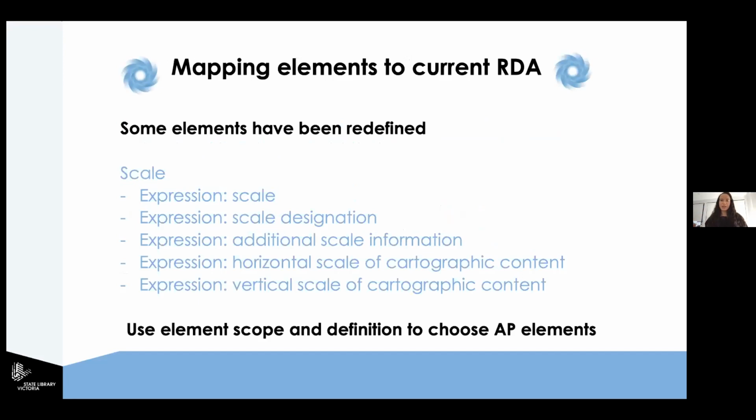Mapping elements to current RDA. Some of them are easy. Some of them are so easy, they just come across one-to-one. From the original toolkit, place publication, bang, place publication, same. Other elements have been redefined for good reasons, either to make them more LRM compliant or because the scope and definition of the element in the original toolkit actually conflated a number of concepts.